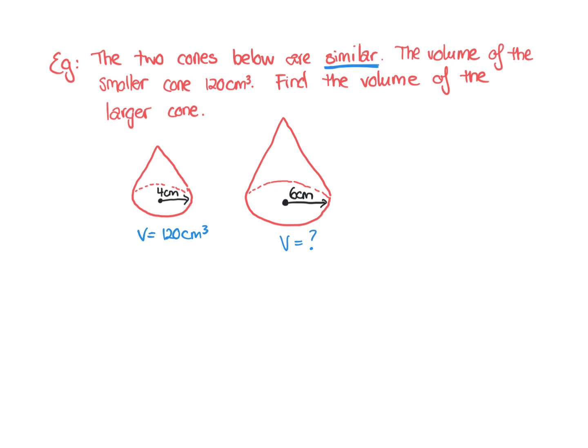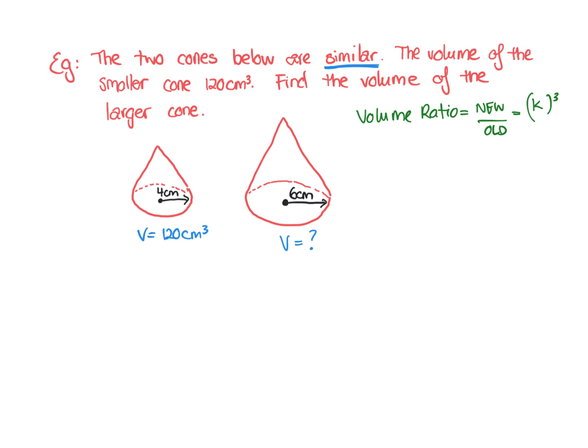Now, because they said they're similar, what we can say is if you do their volume ratio, where you've got the new over the old, it would be K cubed.